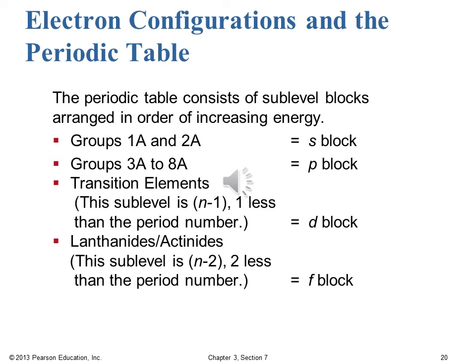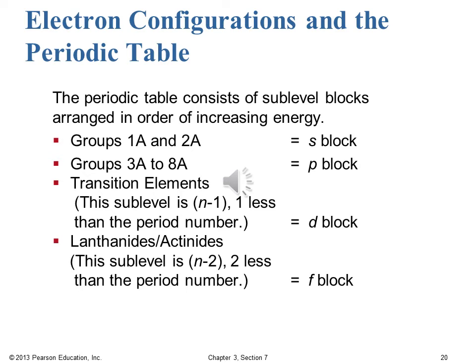They're tucked down below the table just to keep the table more compact. Otherwise, we'd have to spread it out 14 more columns, and that would be unwieldy. So we tuck them down below, but that's the F block, and of course the F orbital energy level is 2 less than the principal energy level.